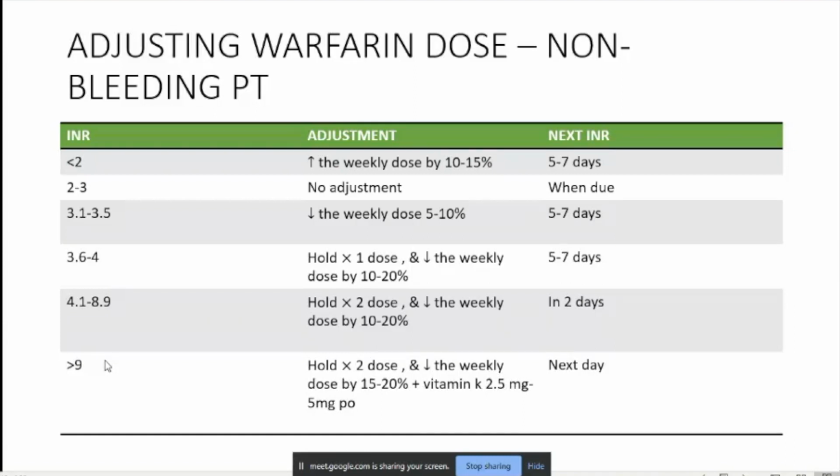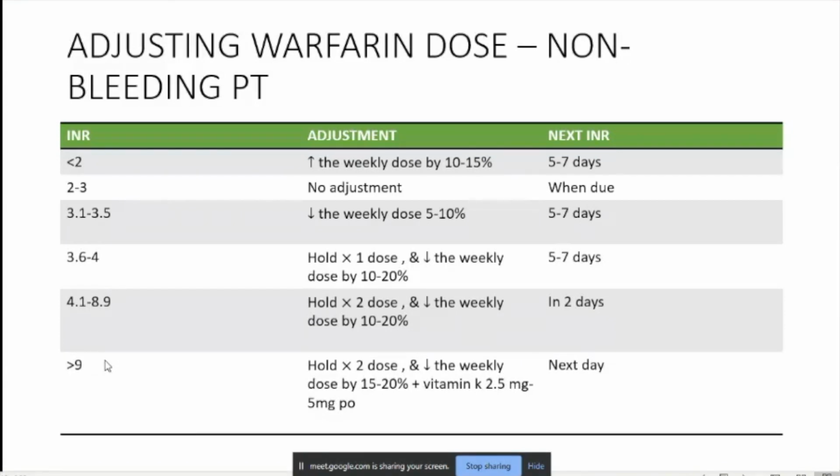What do we do when it is more than 9? The only difference here is that we have to add vitamin K. Between 3.1 and 3.5, and in the rest of the situations, we hold the dose and also decrease the weekly dose.